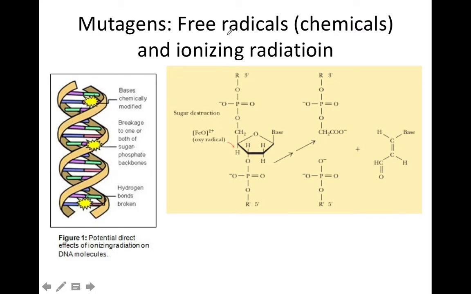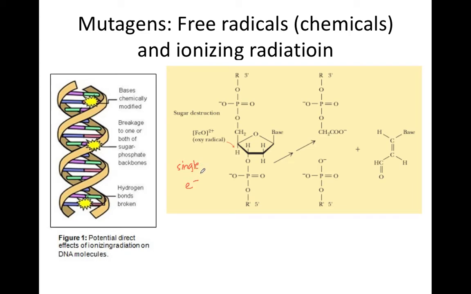Another mutating agent is free radicals and ionizing radiation. Basically, both of these involve the use of radicals, for example, your oxyradical. So what is a radical? It's basically something that has a single, or unpaired, electron.